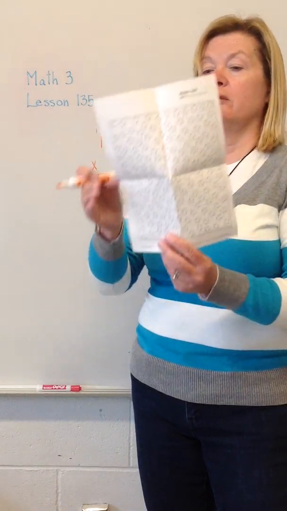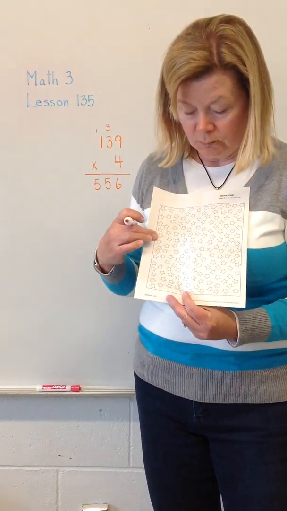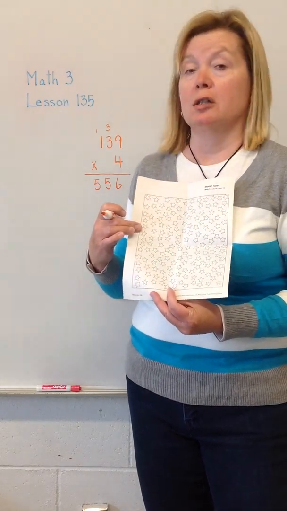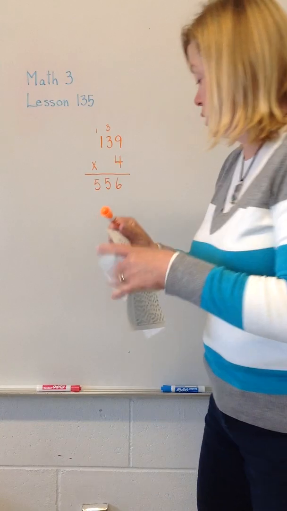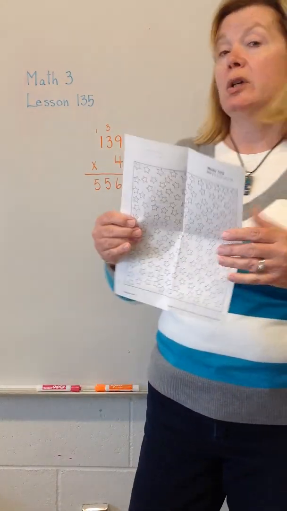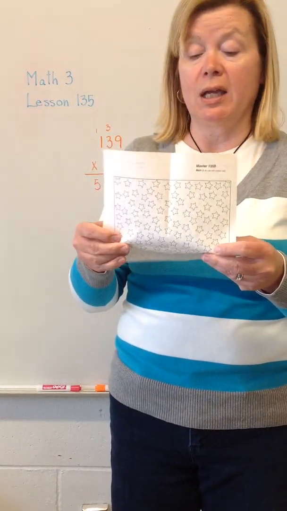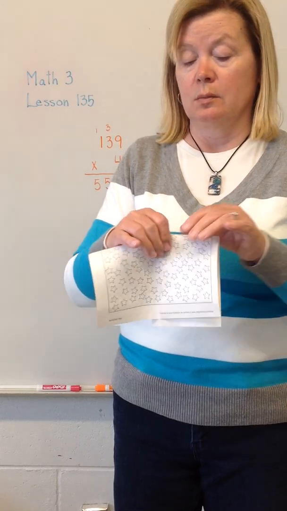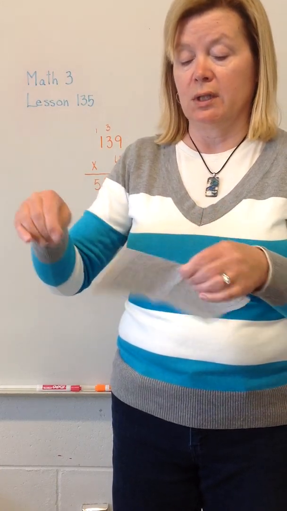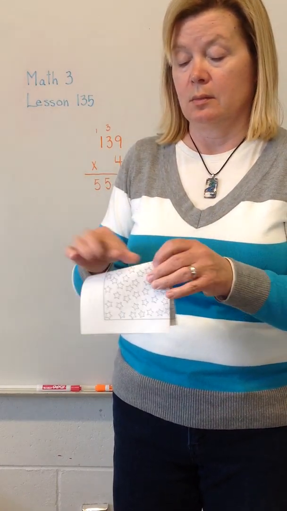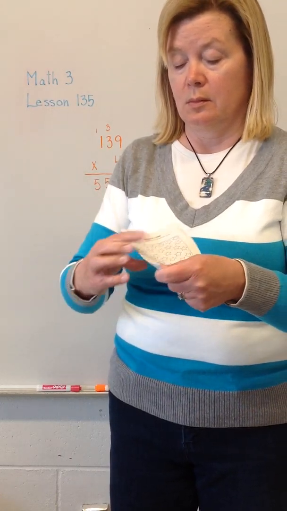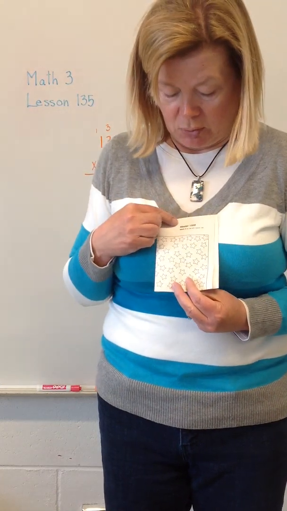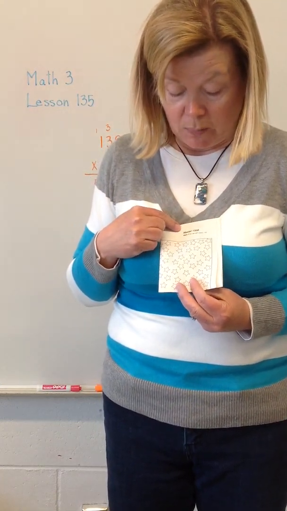Hey, turn your paper over. You have stars this time. So, let me put the marker away so I have 2 hands available. You're going to do the exact same thing. You already have your fold lines. You're just going to fold it the other way. There we go, and you're going to have it so that Master 135B is showing.